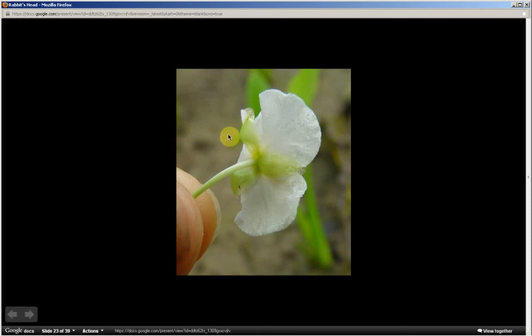They are blunt-tipped. And they will always be shorter than the flower stalk.